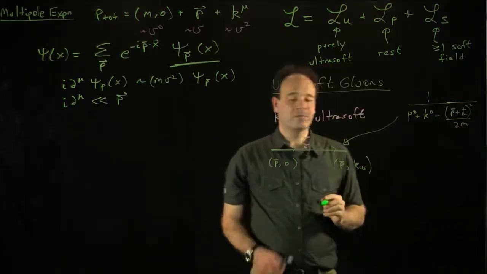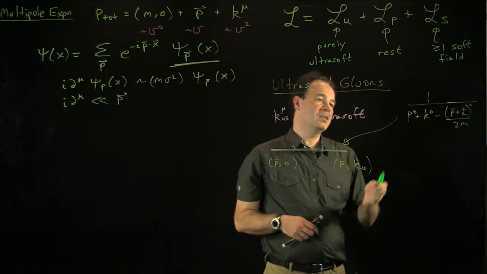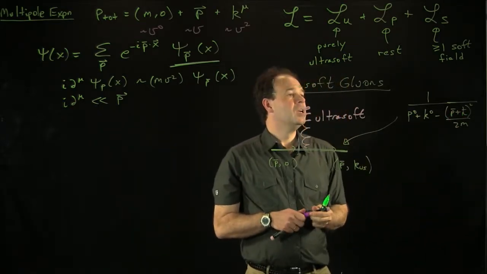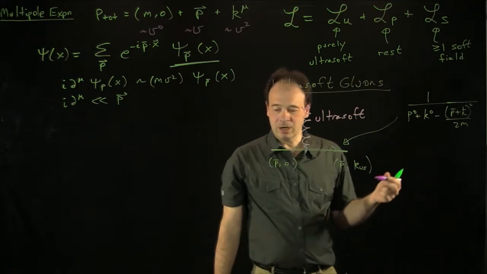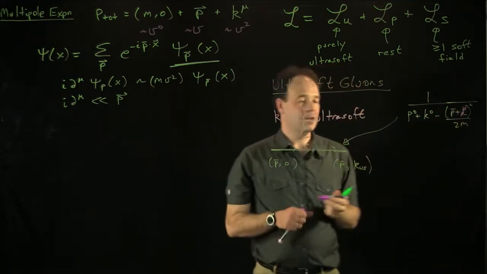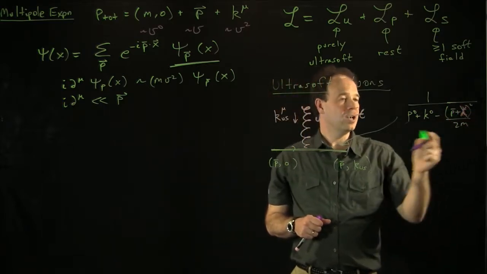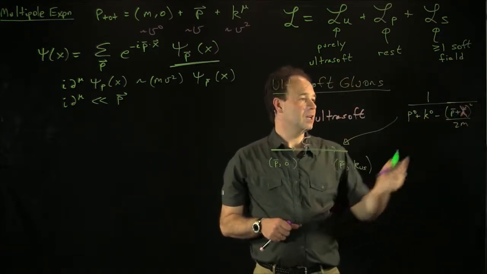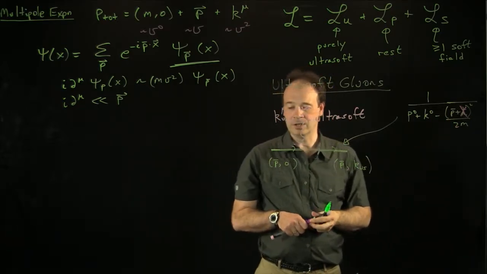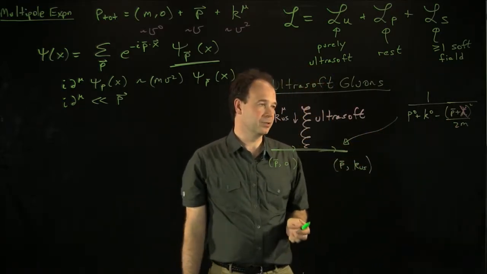That actually is not the right thing to do, because in this case we've kept something small and something big at the same time. So really, in order to get the right propagator, we should remove this k vector here. Then we have p0 and k0, which are the same size, and this p squared over 2m, which is the same size. That's the right propagator to use when we're talking about interactions with the ultrasoft.